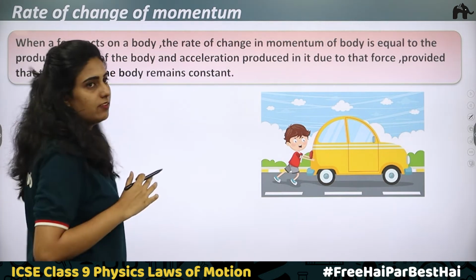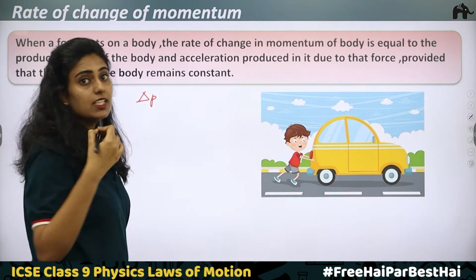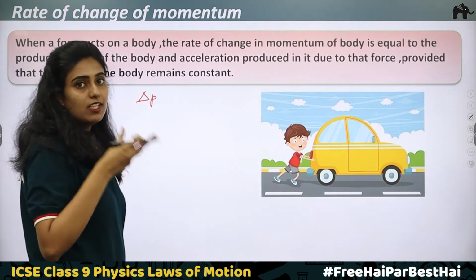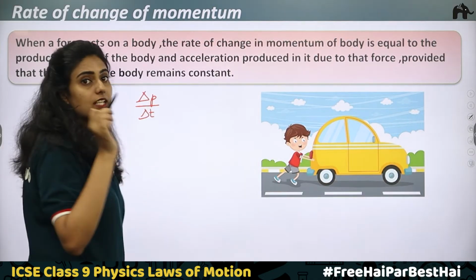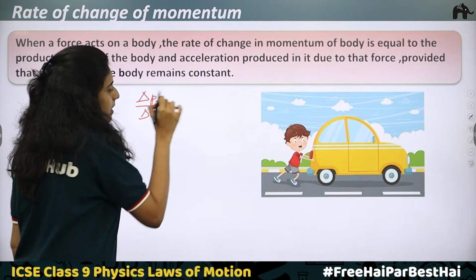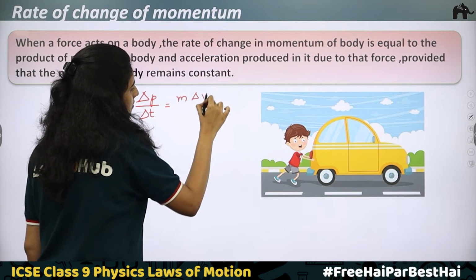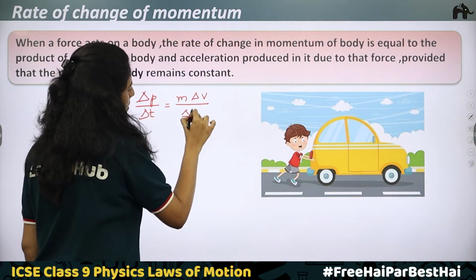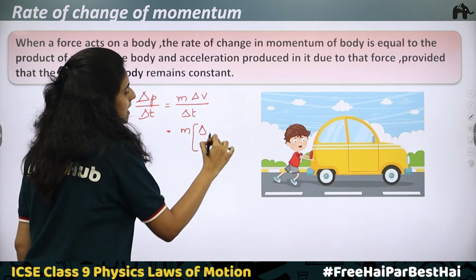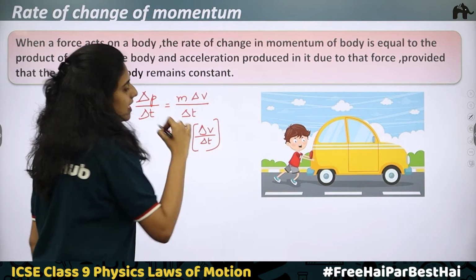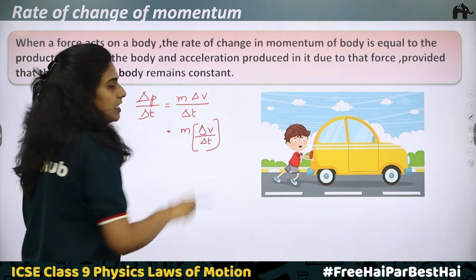So, we have a simple alternate method. When a force is applied, there is a change in momentum. Change in momentum is delta P. With respect to time, we represent it as delta P by delta T, which is the rate of change of momentum. Delta P is mass into change in velocity, so we can write this as m into delta V divided by delta T. Delta V is change in velocity and delta T is change in time.